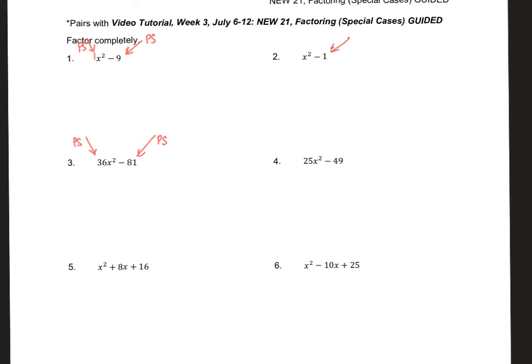This is a perfect square, and this is a perfect square, and we have what we need to be able to factor it. So number 4, this is a perfect square, this is a perfect square.